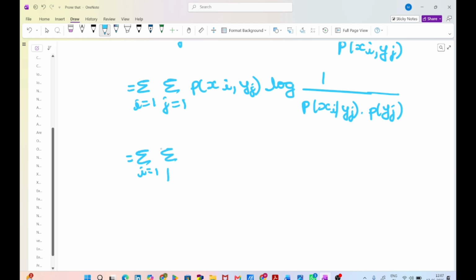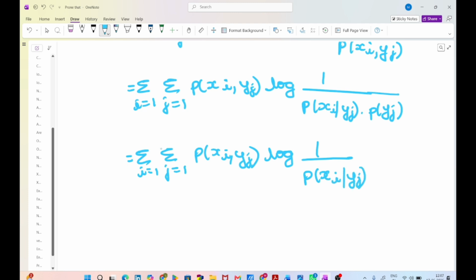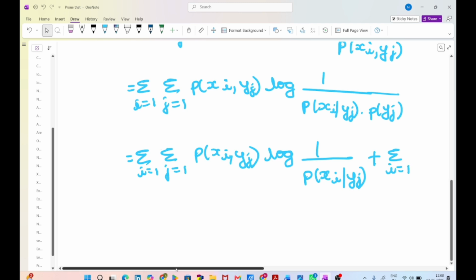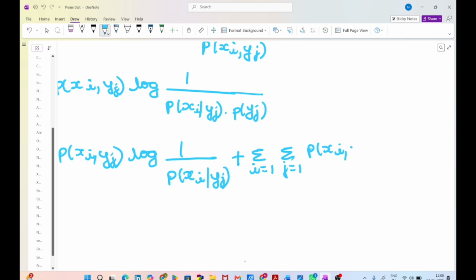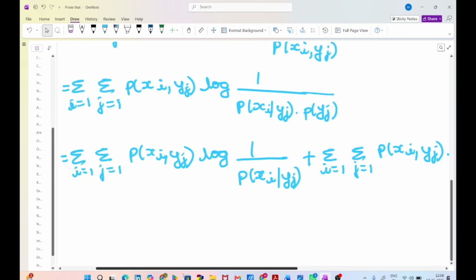Summation over i, j of p(xi, yj) log of 1 by p(xi|yj) plus summation over i, j of p(xi, yj) log of 1 by p(yj).